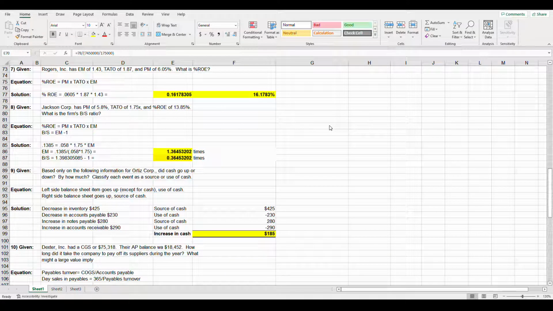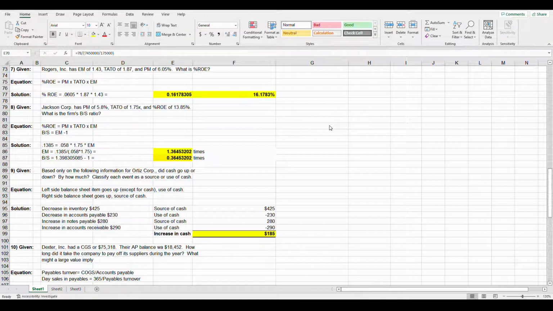In problem number 7, Rogers Inc. has an equity multiplier of 1.43 times, total asset turnover 1.87 times, and a profit margin of 6.05%. And they want to know what is the return on equity percentage. ROE, according to the DuPont identity, is profit margin times, or net return on sales, either or, times total asset turnover times equity multiplier.